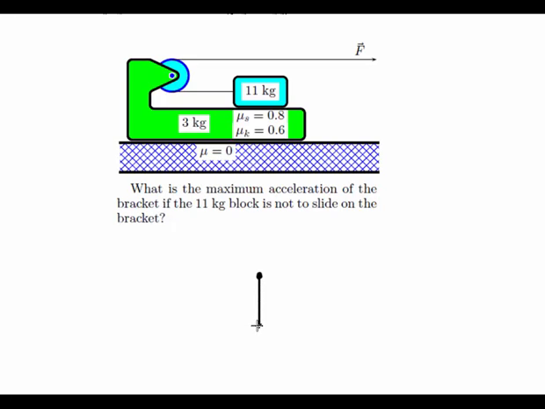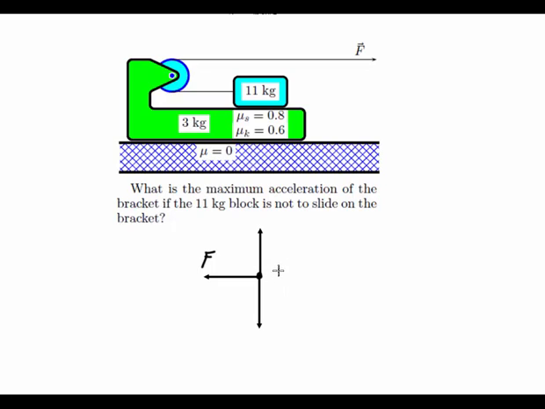So first thing I'm going to do, I have a force here, I'm going to have the rope here. This is going to be my F value. Now it says what's the maximum acceleration if the block is not to slide.